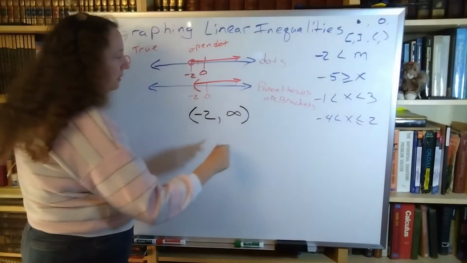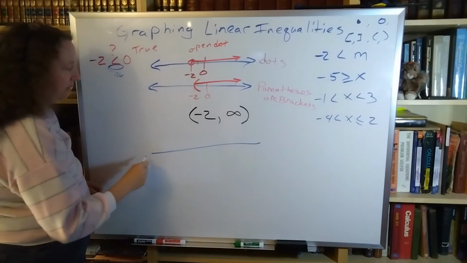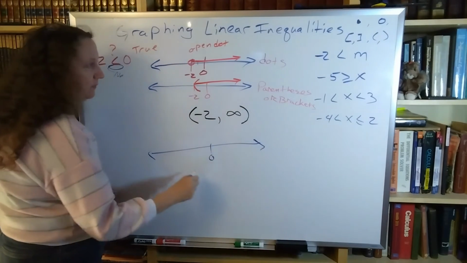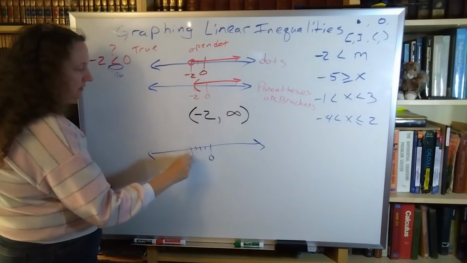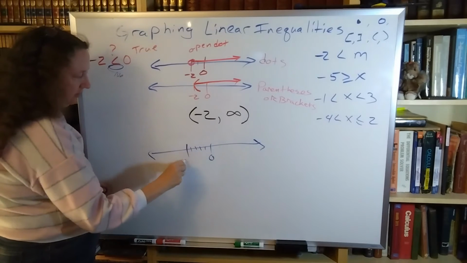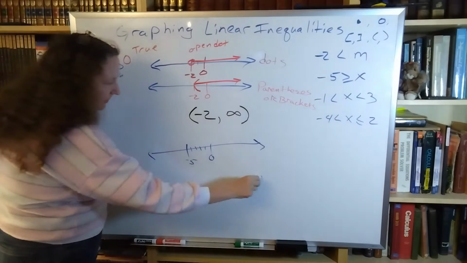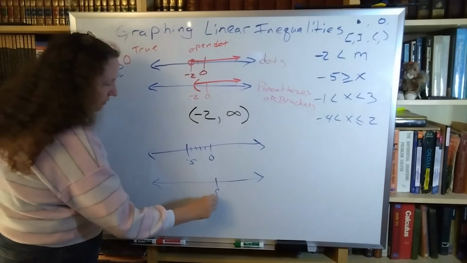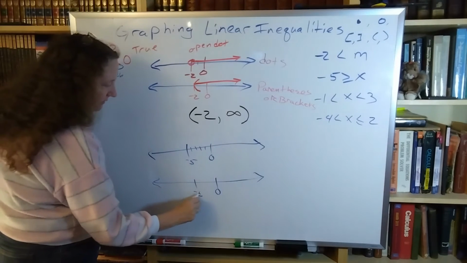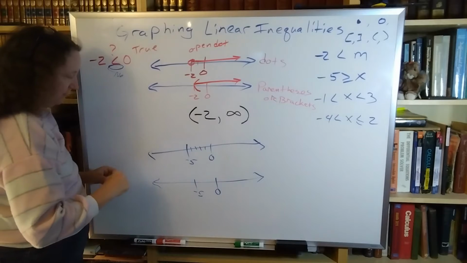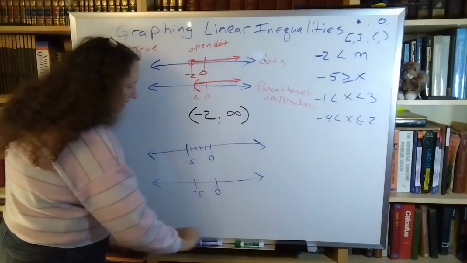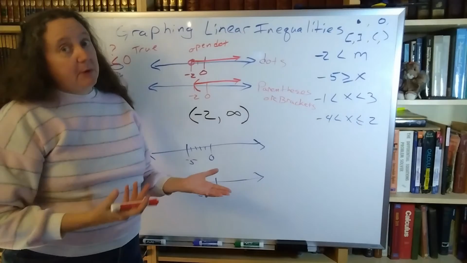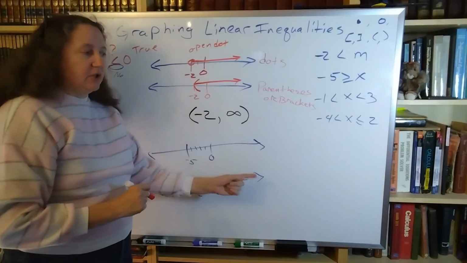Next problem. We have -5 is greater than or equal to x. So I find my 0. I find my -5. I'm going to do this both ways. So 0 and -5. Then I have to compare that to 0 or some other number to see which direction, left or right.